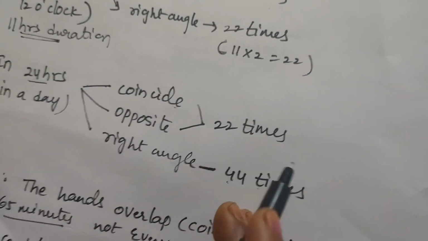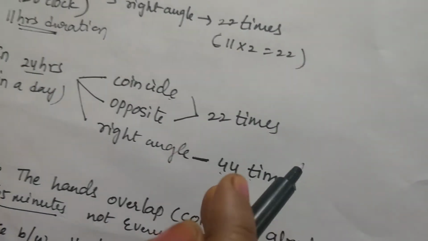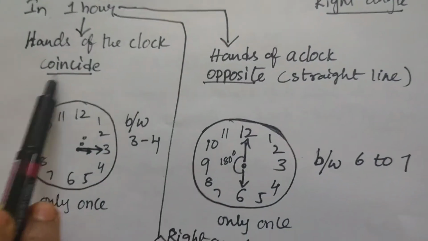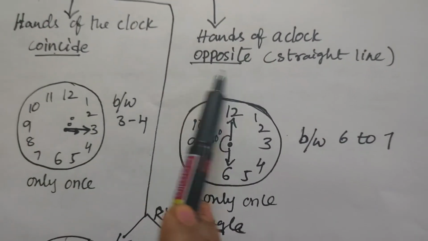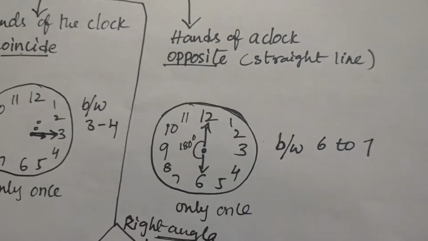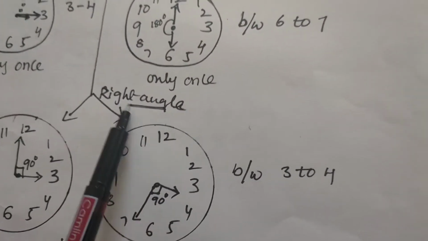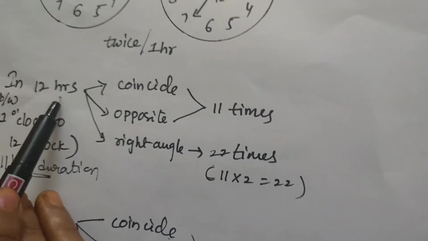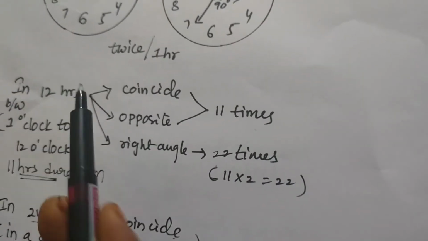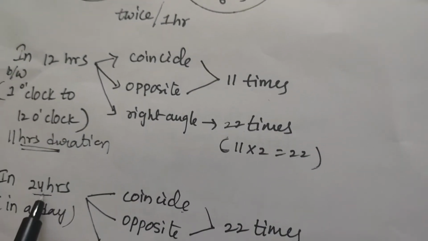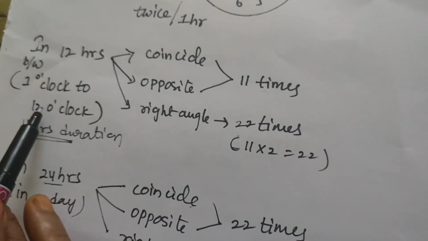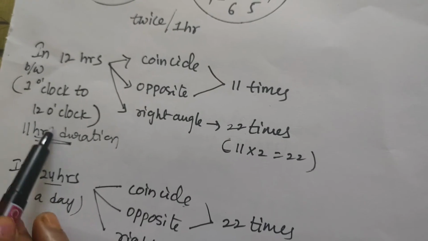So if we know for 1 hour how many times the hands coincide, how many times they are in opposite direction, and how many times they make a right angle, then we can calculate for 12 hours, and in the same way for 24 hours. 12 hours means, remember, the time is taken from 1 o'clock to 12 o'clock, that is 11 hours only.